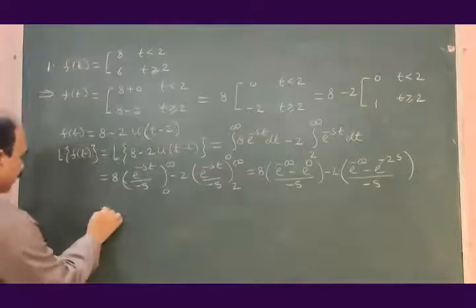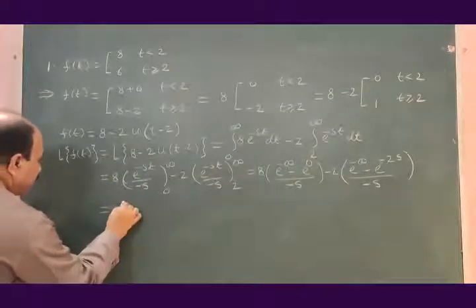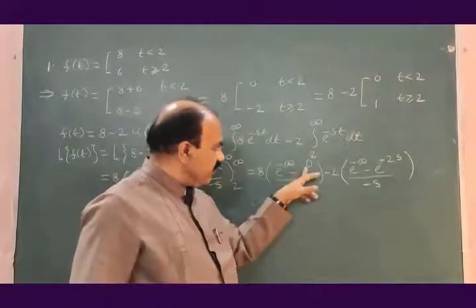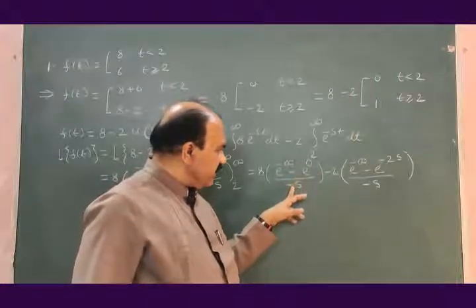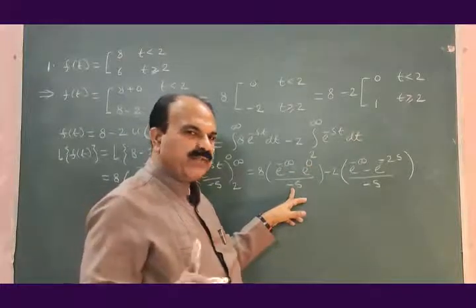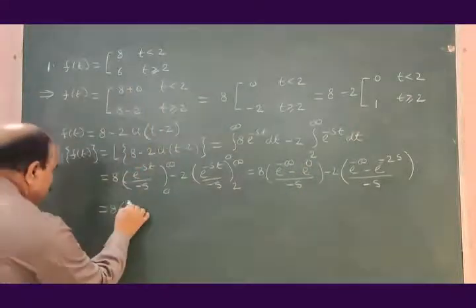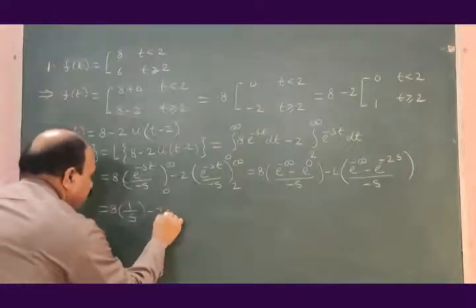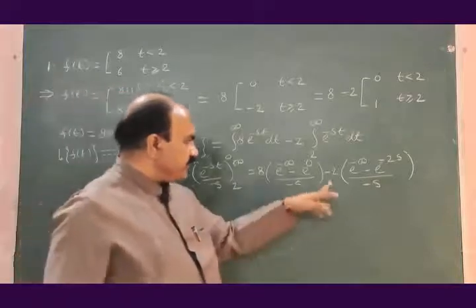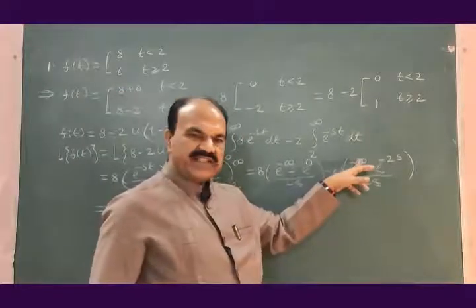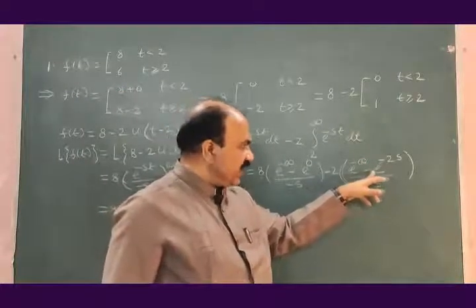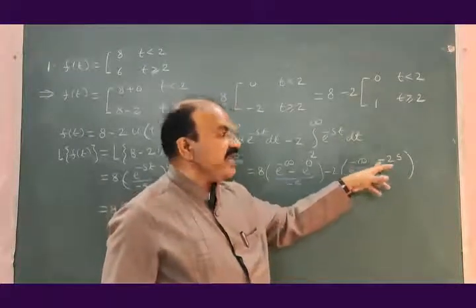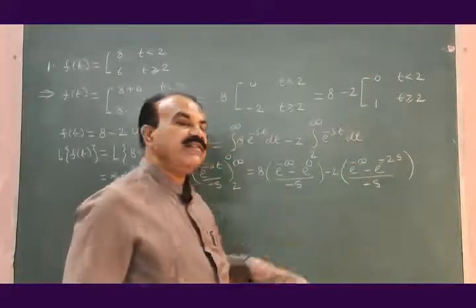This is for the 8 into, this is 0 minus 1, minus 1 divided by minus s, 1 by s. Minus 2 into, e to the power minus infinity is 0, minus e to the power minus 2s divided by minus s. So it will be simply e to the power minus 2s divided by s.